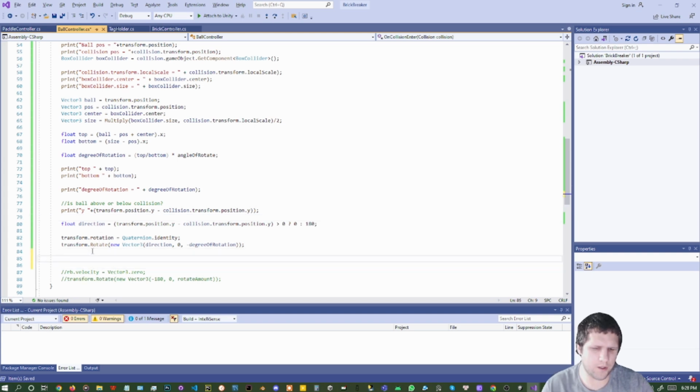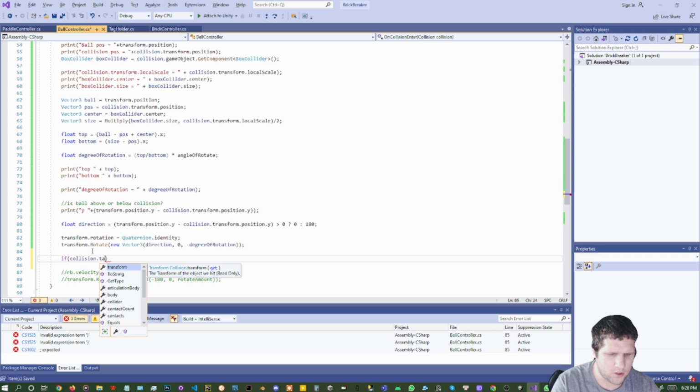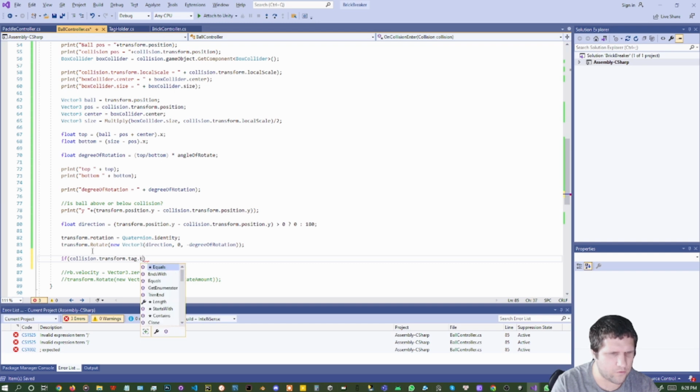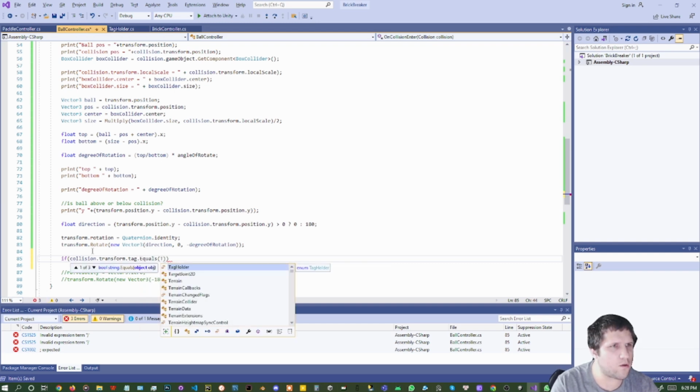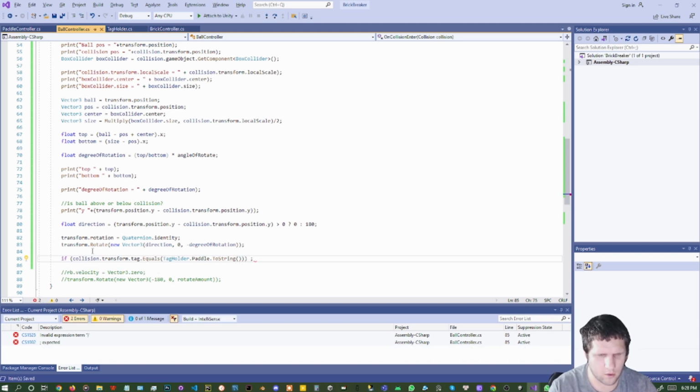And then when we get here, I will say if collision dot transform dot tag dot equals our tag holder dot paddle dot toString. Oh, then let's do a debug dot break.